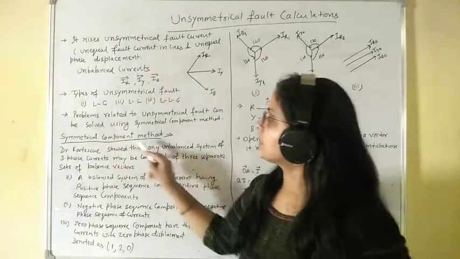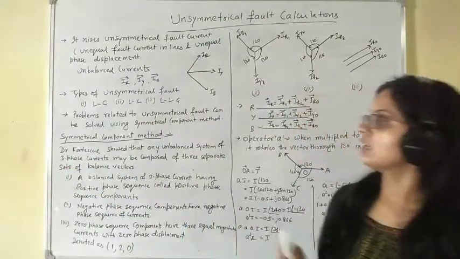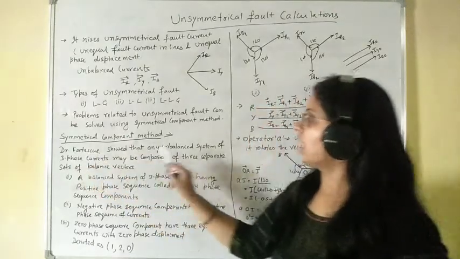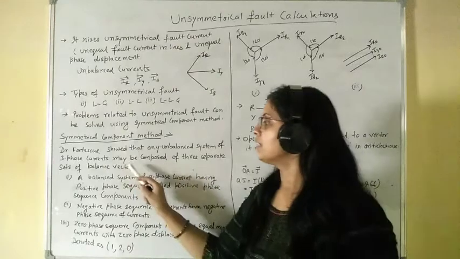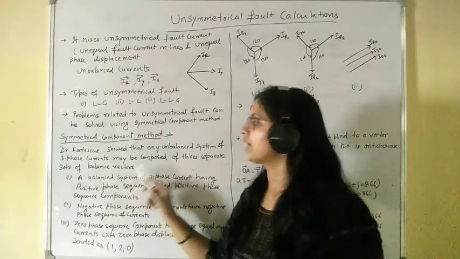This method was discovered by Dr. Fortescue in 1918. Dr. Fortescue showed that any unbalanced system of three-phase currents may be composed of three separate sets of balanced vectors.